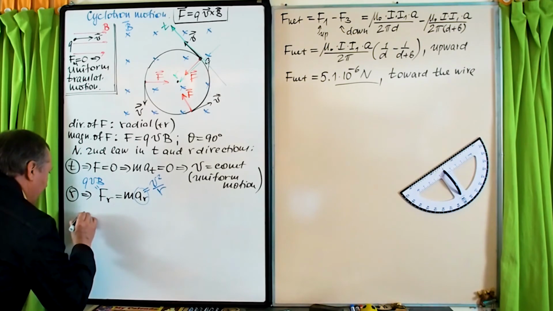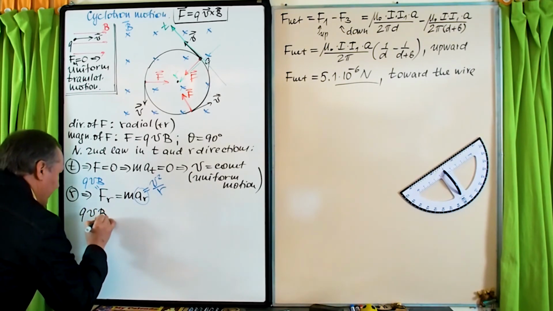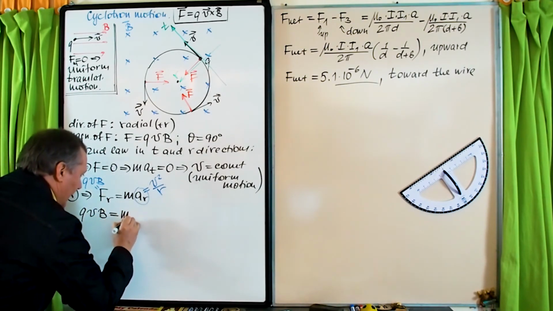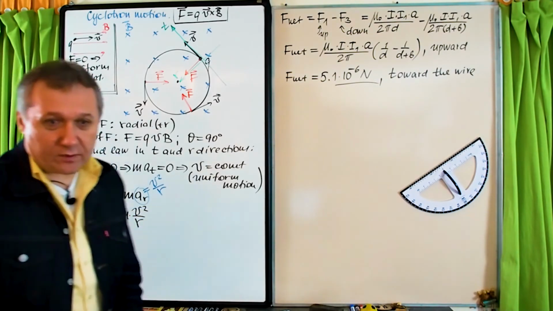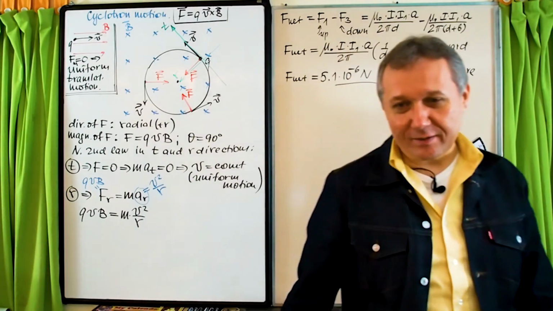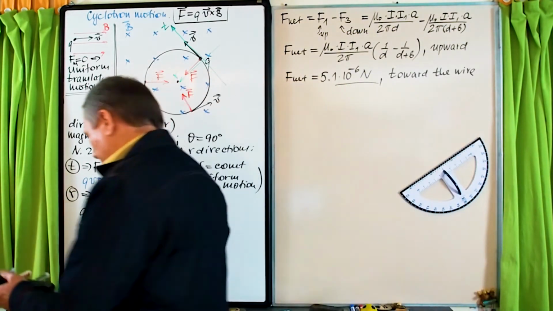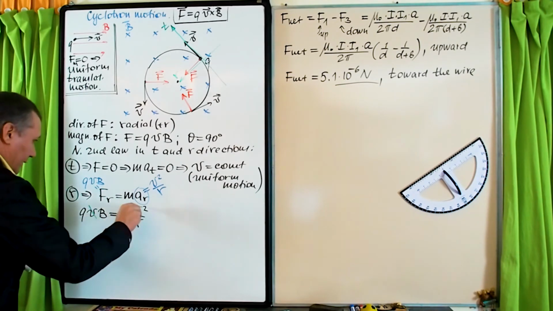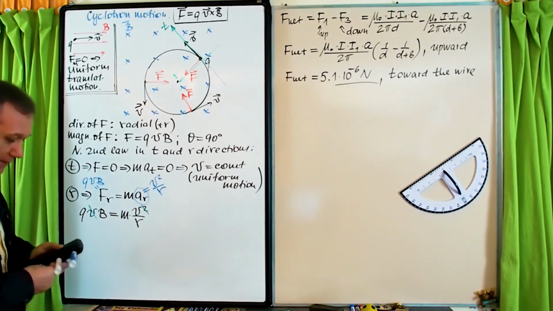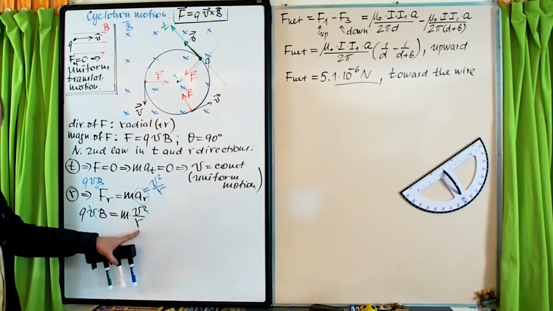So let's write that down. It will be QV times B equals mv squared over r. Just an application of Newton's second law, nothing else. Again, one velocity can be cancelled. V and this V can be cancelled. And as a result, we can solve it for r.